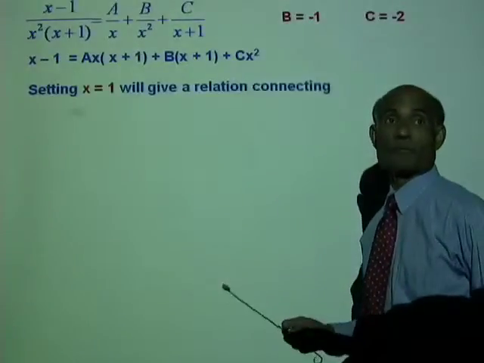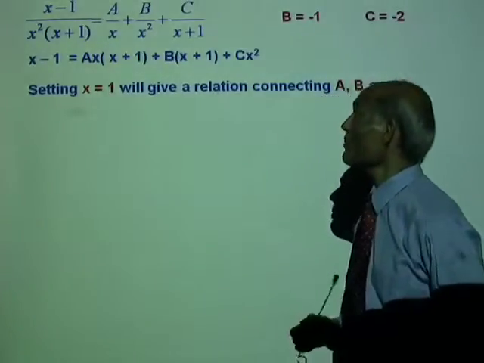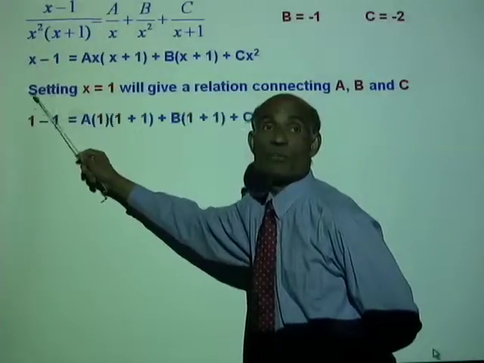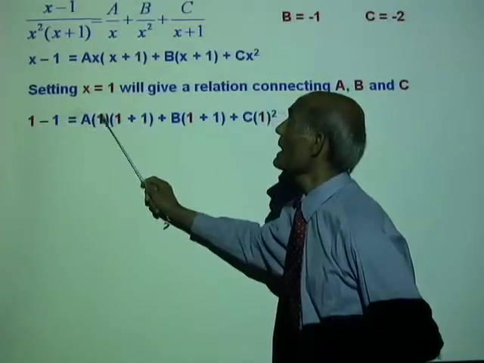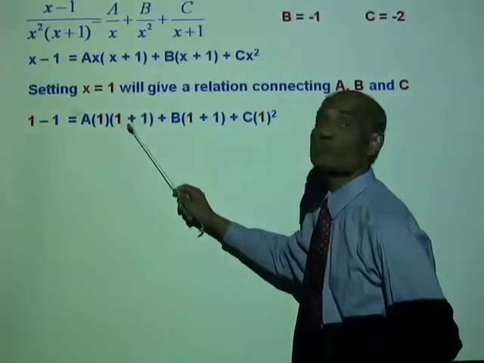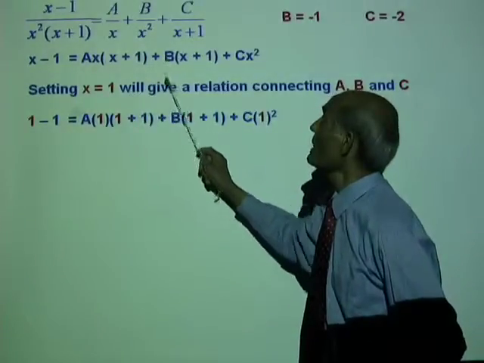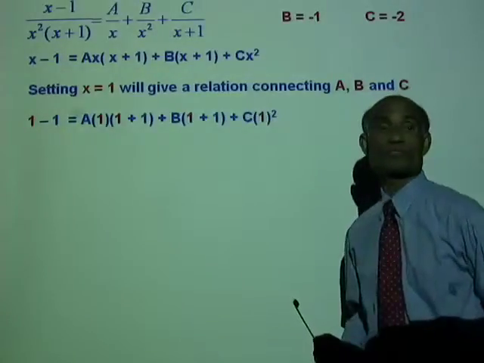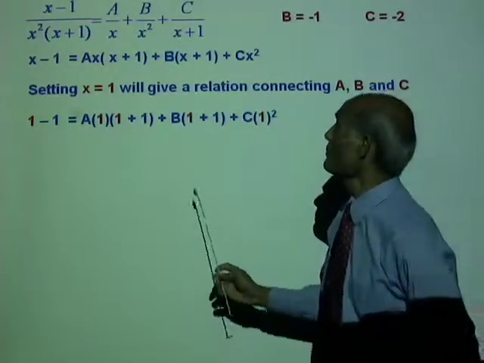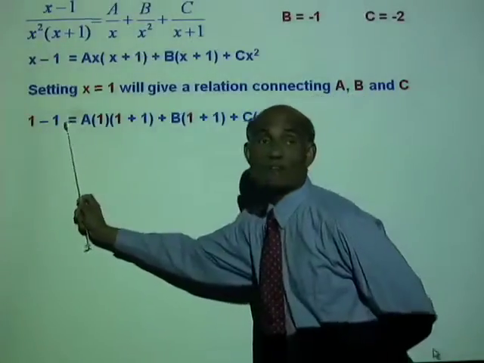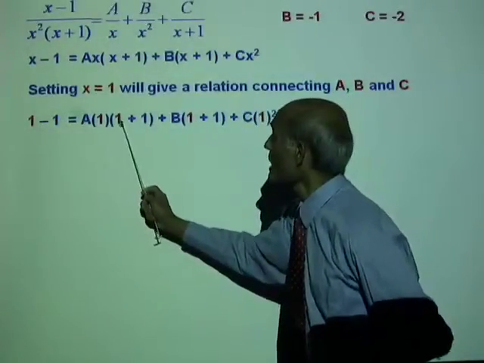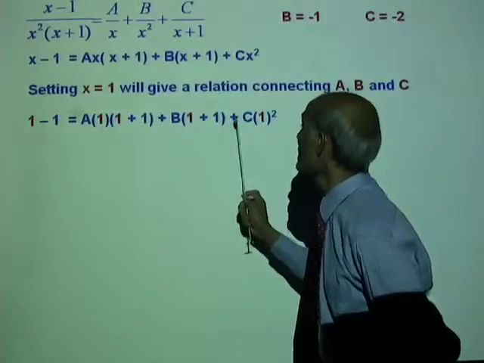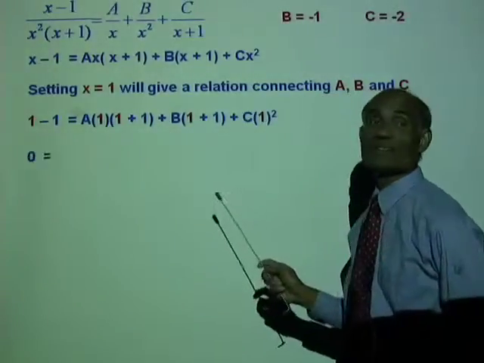Let's set x equal to 1 there. x equal to 1 will give me 1 minus 1 equal to A times 1 times 1 plus 1 plus B times 1 plus 1 plus C times 1 squared. And what will that give you? The left hand side is 0. On the right, 1 plus 1 is 2. That will be 2A plus 2B plus C. That's right.